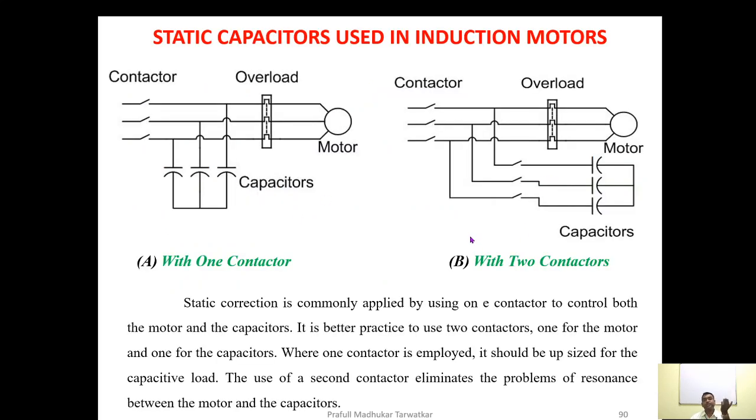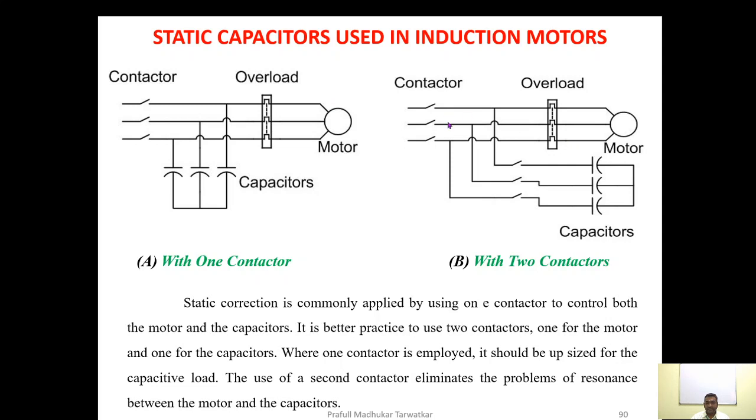Now, how to install these capacitors in the circuit? There are two ways: by connecting a single contactor, or by having two different contactors, one for switching the main supply and one for switching the capacitors on and off. So they are mentioned here. This arrangement shows two contactors. This arrangement shows one contactor. That means once the main contactor gets on, ultimately all the capacitors are connected in the circuit for power factor improvement.